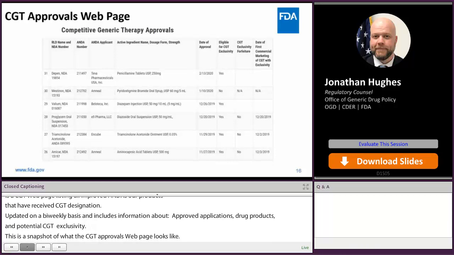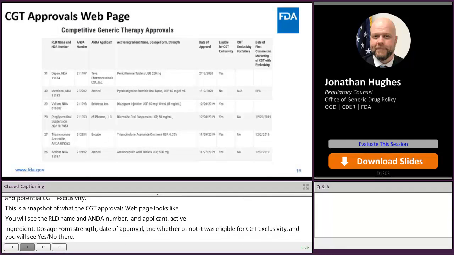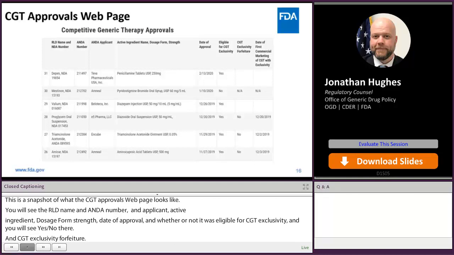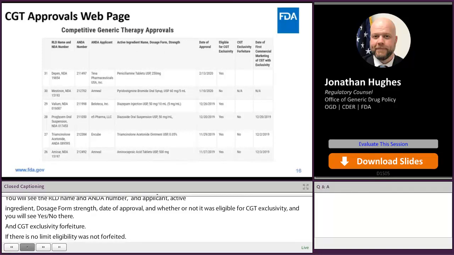And you'll see either yes or no there. And CGT exclusivity forfeiture. If there's a no there, that means that eligibility was not forfeited. If it's blank, that determination has not yet been made. And if there's an NA, it means it was not eligible for CGT exclusivity.